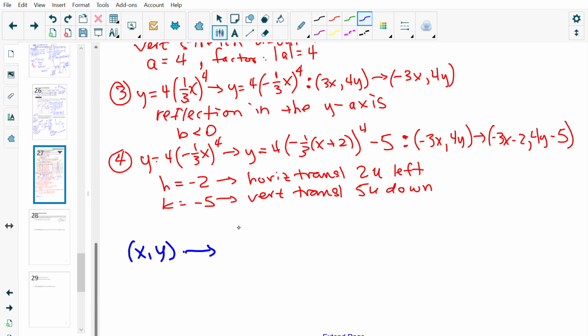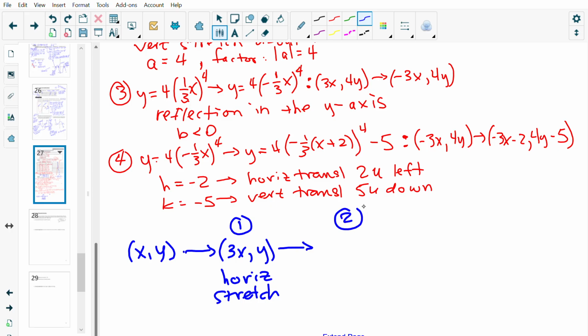And then in number 1, we applied our horizontal stretch. It mapped to (3x, y). Number 2, vertical stretch: (3x, 4y).